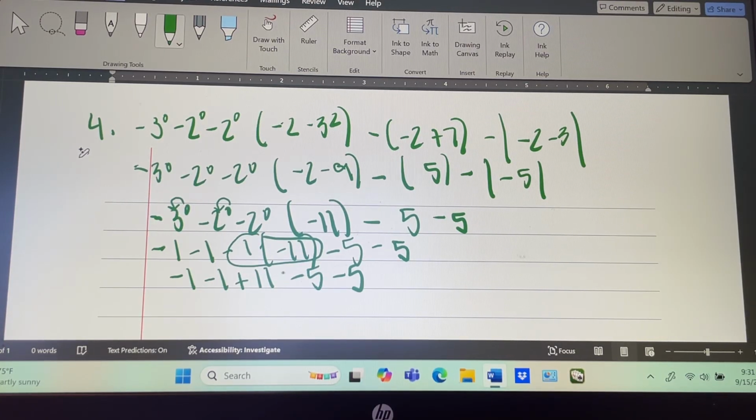And now we can finish our problem. So we've got -1 plus -1 plus 11 minus 5 minus 5. If you will add all that up together, you're going to end up with a -1 as your answer.